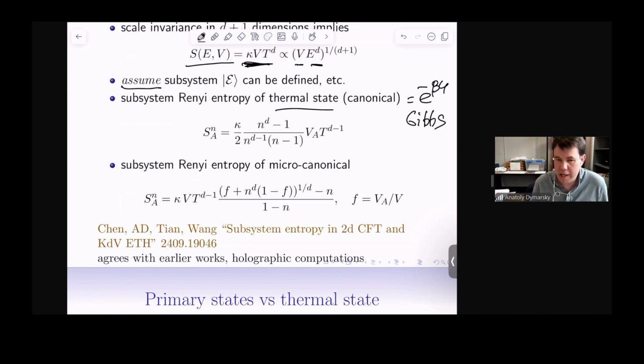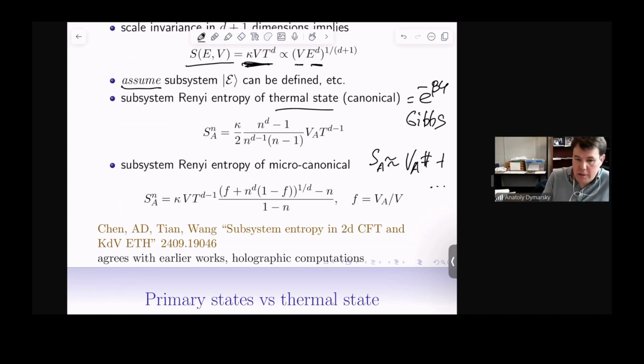Of course, at the level of the answer, these are not new results. We can trust them only at the level of extensive contribution. So something proportional, the entropy of region A is proportional to the volume of region A times the coefficient, then you have corrections which are area-like, and we cannot capture them, at least with the current technique.